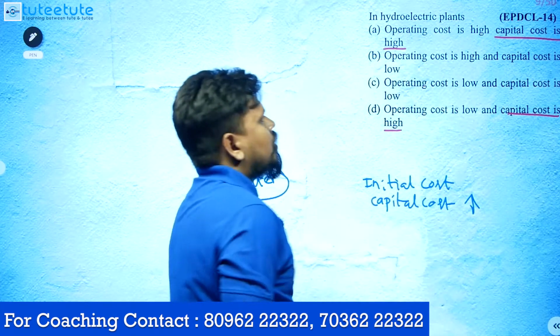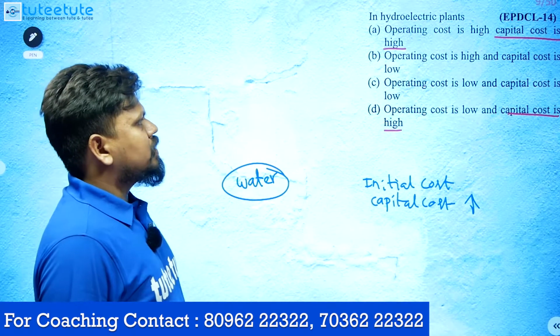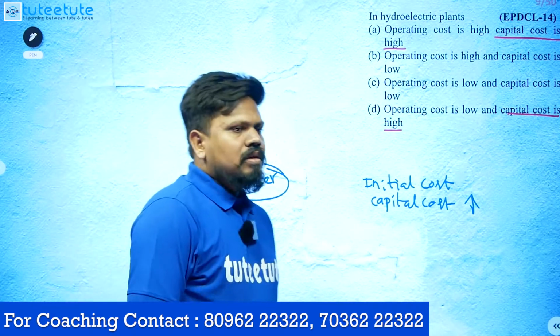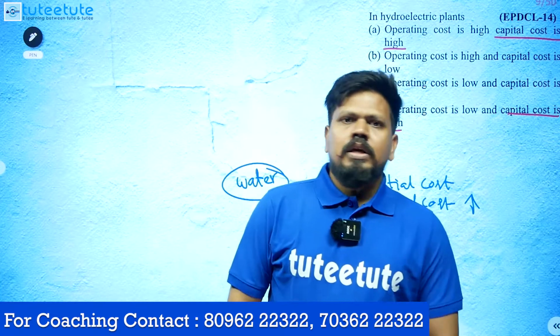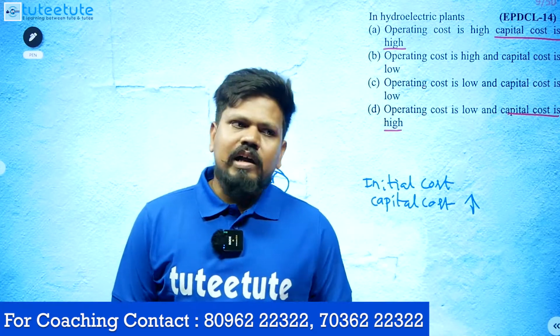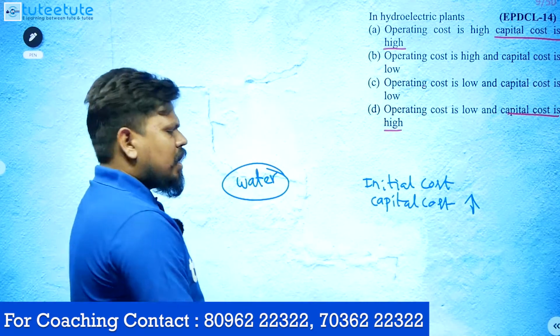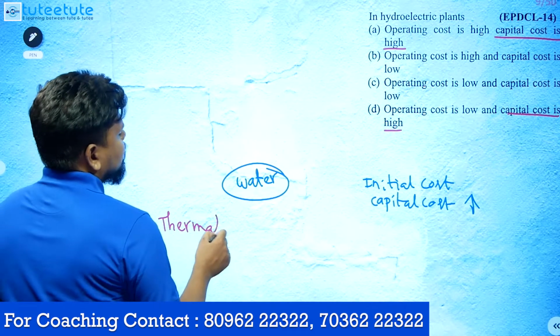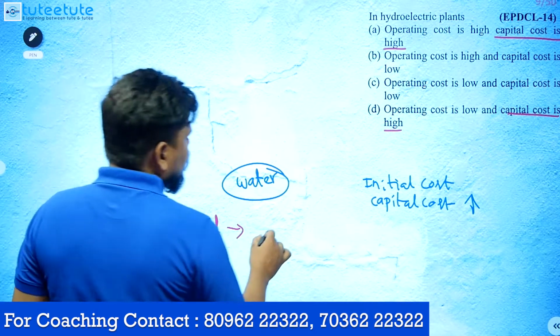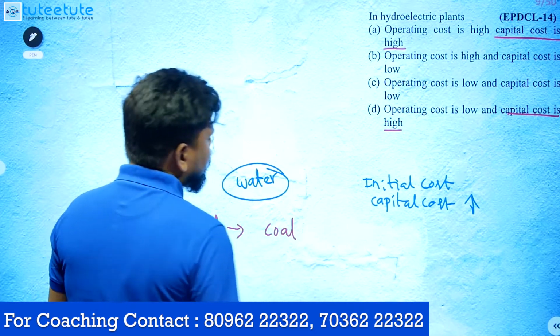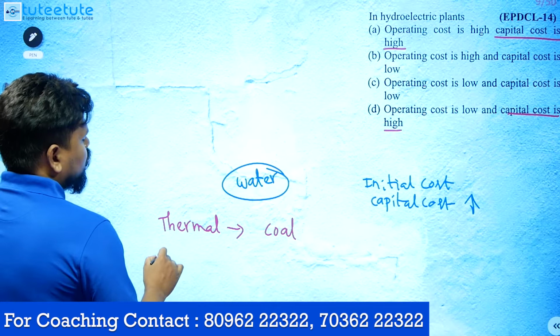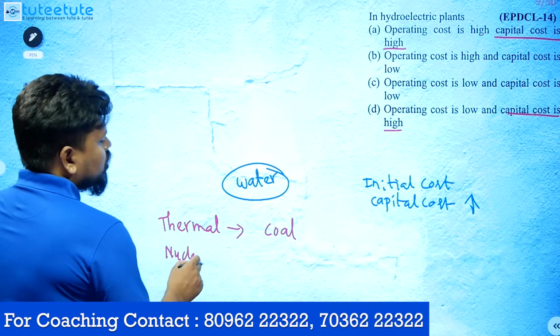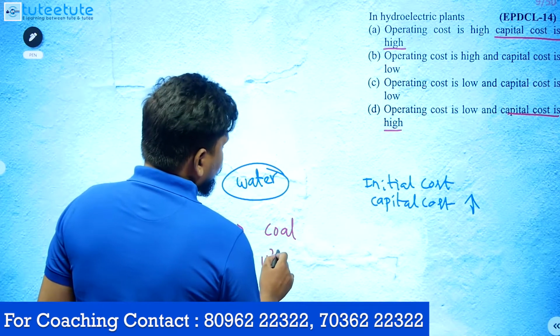Among these options, only one is correct. What is there in operating cost? Nothing more is required. If you take any other power generating station, take thermal: what input is required? Coal is the main one required. For the nuclear power station, radioactive material is required, so uranium 235 or 238.